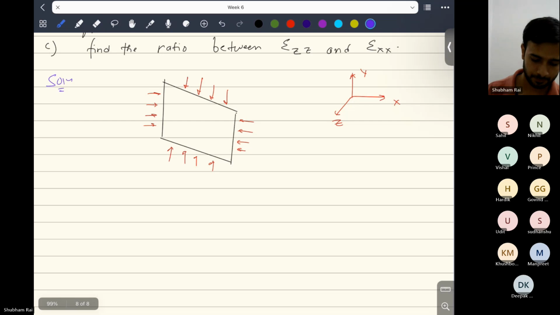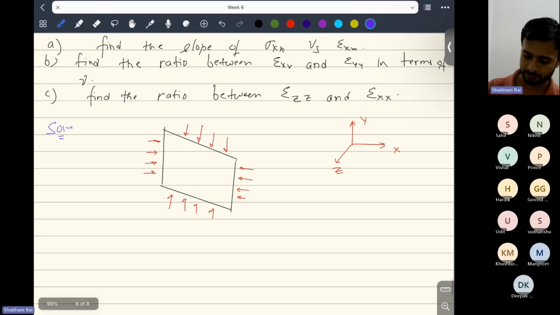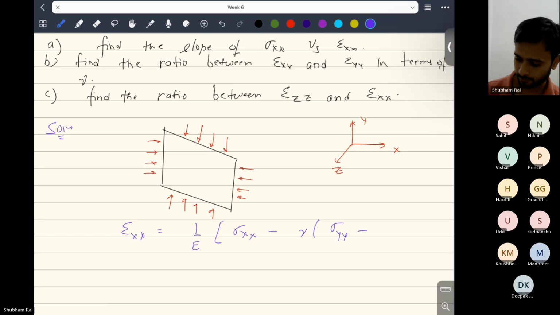Firstly, you have to find the slope of sigma xx and epsilon xx. So let me write the expression of epsilon xx. Epsilon xx is given by 1 over E times sigma xx minus mu times sigma yy plus sigma zz.